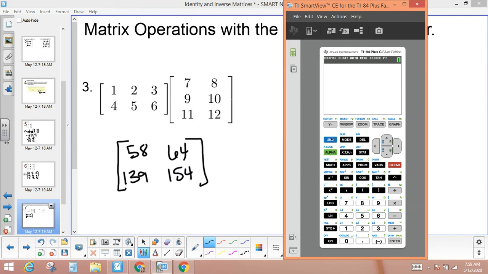So if I want to do the second matrix way, I have to go over to edit, tell the calculator that I'm putting in a 2 by 3, and then type in my numbers for my elements. And then second quit to make that go away and save. And then we do second matrix again, over to edit and go down to B. And then tell the calculator that it's a 3 by 2, and then put in those elements.